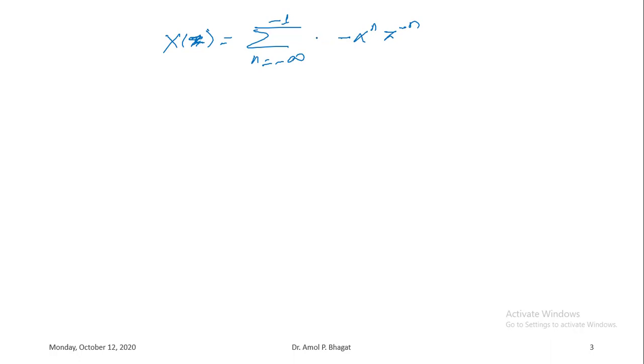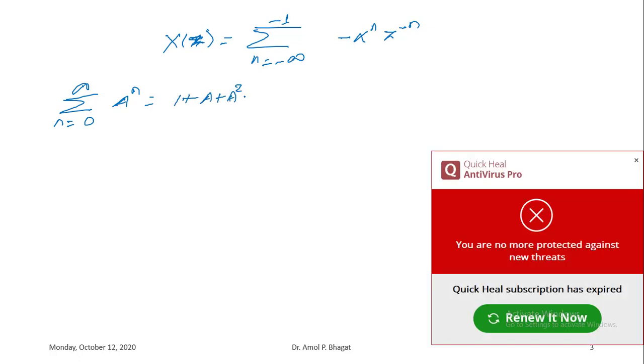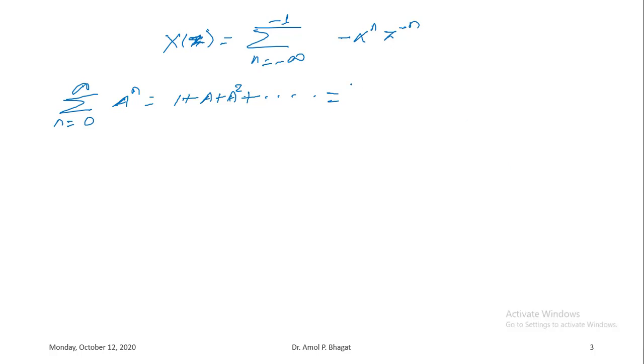Okay, we have seen the infinite geometric series. In previous examples we have taken it as the summation n equals 0 to infinity of a to the power n, which will be 1 plus a plus a square and so on, which is equal to 1 upon 1 minus a if mod a is less than 1.